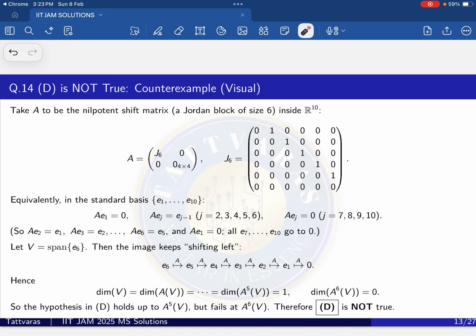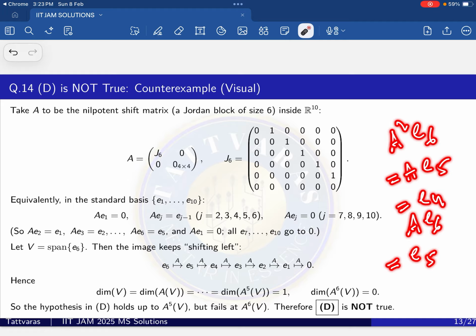But the key thing that is happening is if you take V as the span of e6, then the image keeps shifting left. That's very interesting. If you take A times e6, that is e5, right? So what is A squared times e6? That is A e5, which is e4.